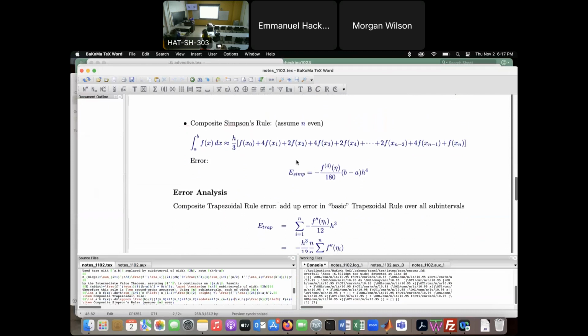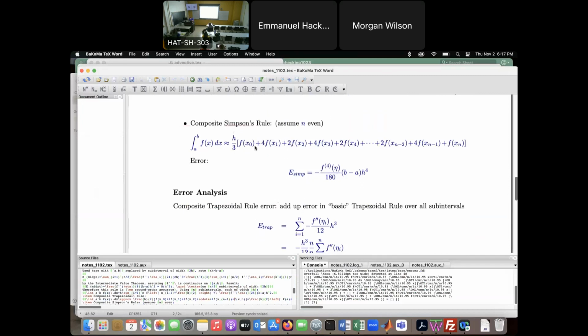Okay. And finally, composite Simpson's rule. Now remember, for the regular Simpson's rule, you evaluated f at a, b, and the midpoint, and you had coefficients of 1/6, 4/6, and 1/6. But once again, what I'm doing is applying Simpson's rule on pairs of subintervals of width h.